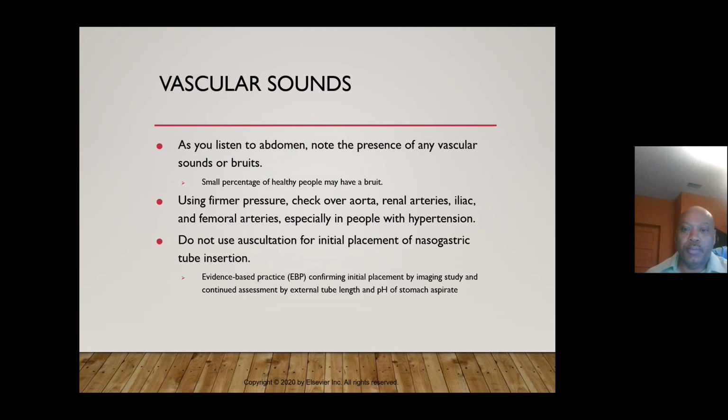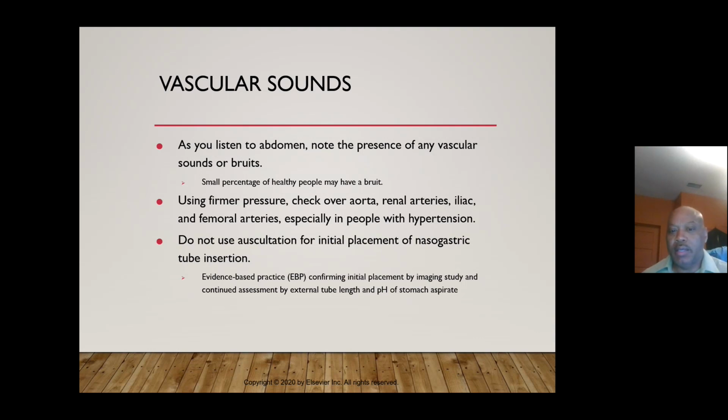So when we listen to the abdomen, we have to note any vascular sounds or any bruits. When you think about a bruit, it sounds like a splashing sound and whatnot.